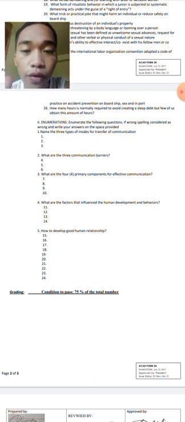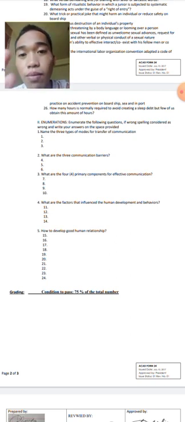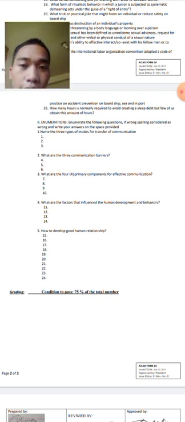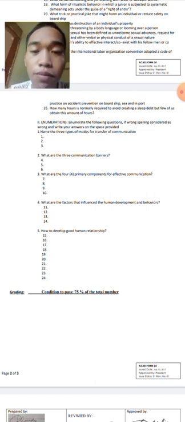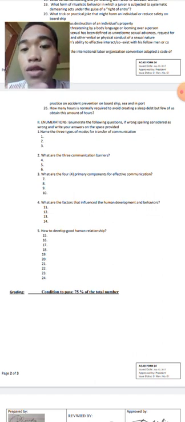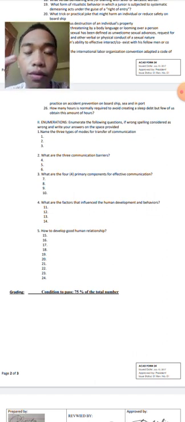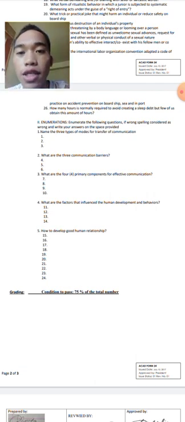Second, be mindful of what they do. And the third, develop mutual respect. And the 4th is be positive. The 5th, build trust with the people you have. And the 6th, welcome diversity.